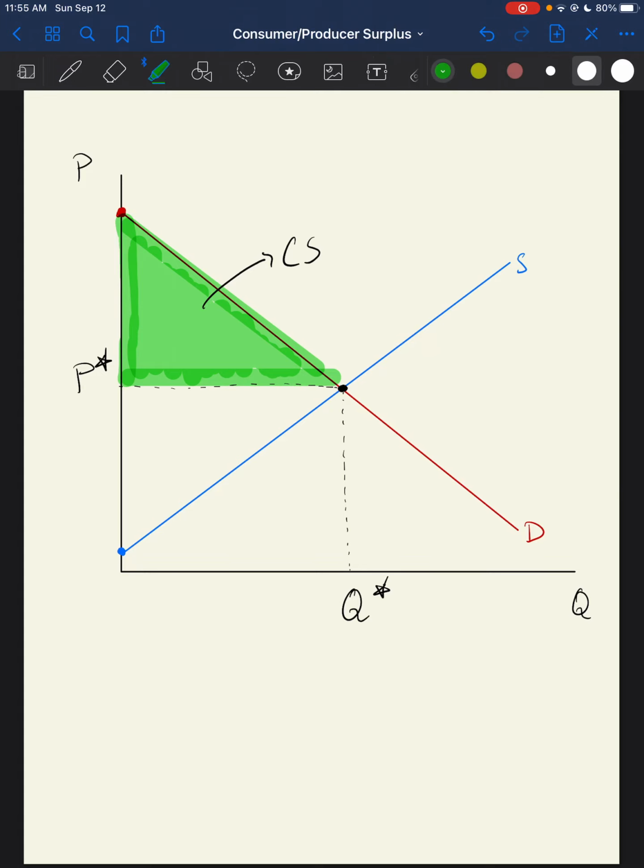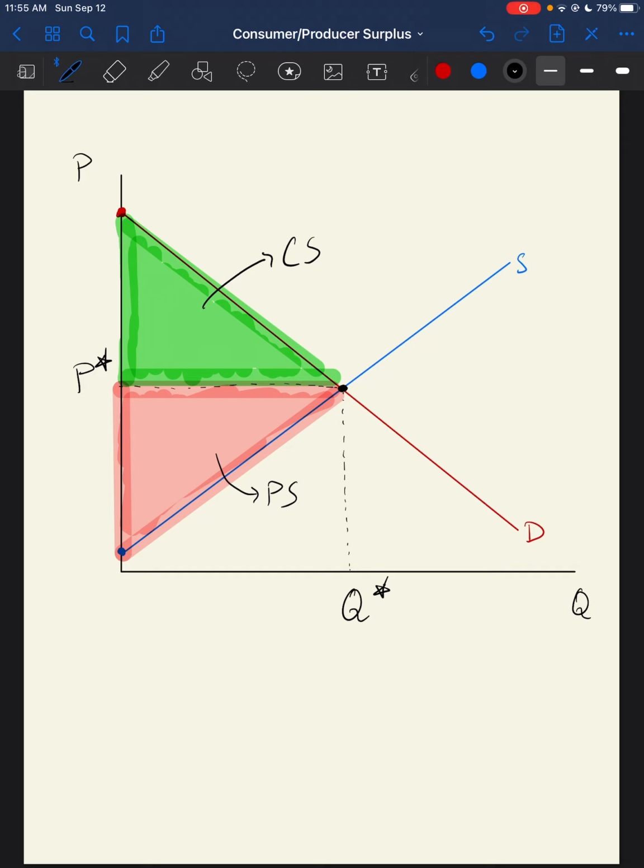Let me actually highlight this just like I did with the last one. Sorry, it's not 100% precise, but you sort of get the idea. So this triangle down here is our producer surplus. I'm going to write this as PS.